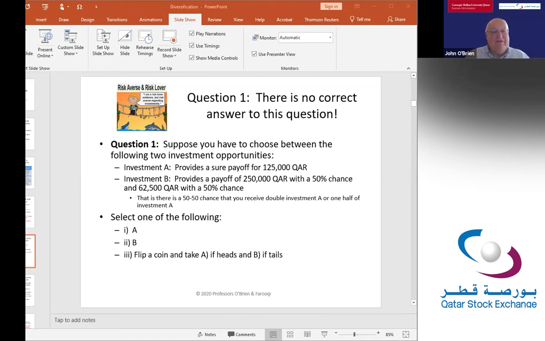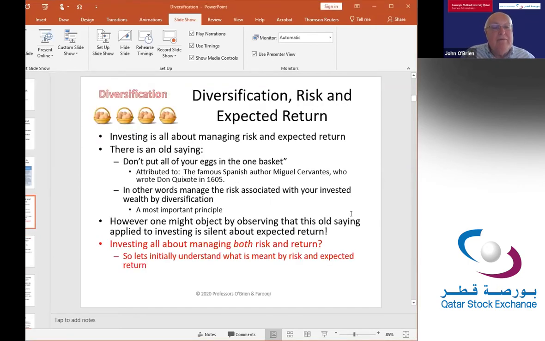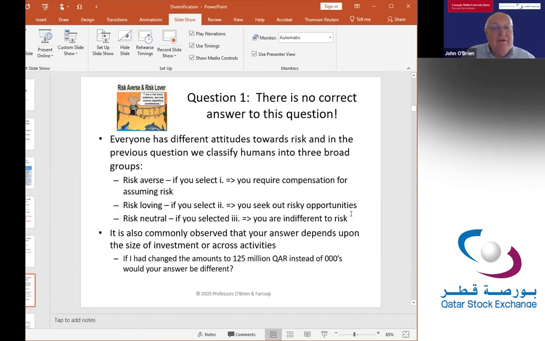Interesting response. So what does this question reveal? As I said, there are no correct answers to this question. It reveals what your tolerance for risk is. It's just human nature to have different attitudes towards risk.